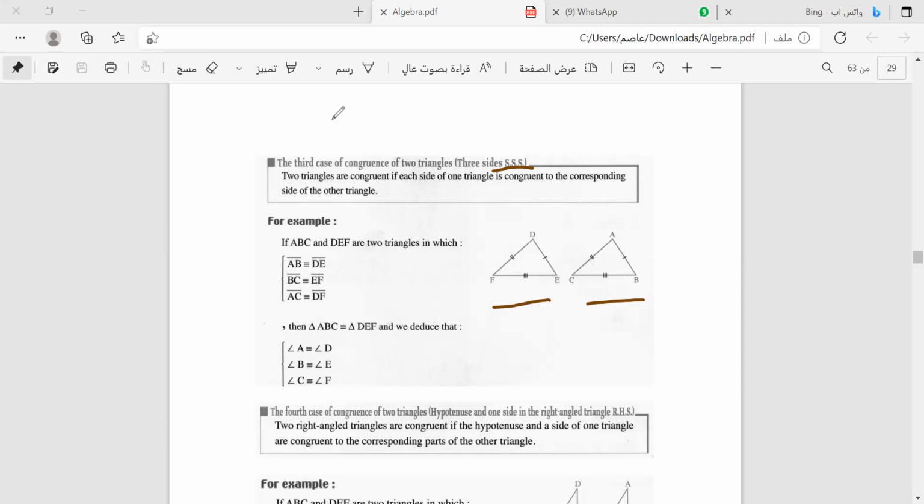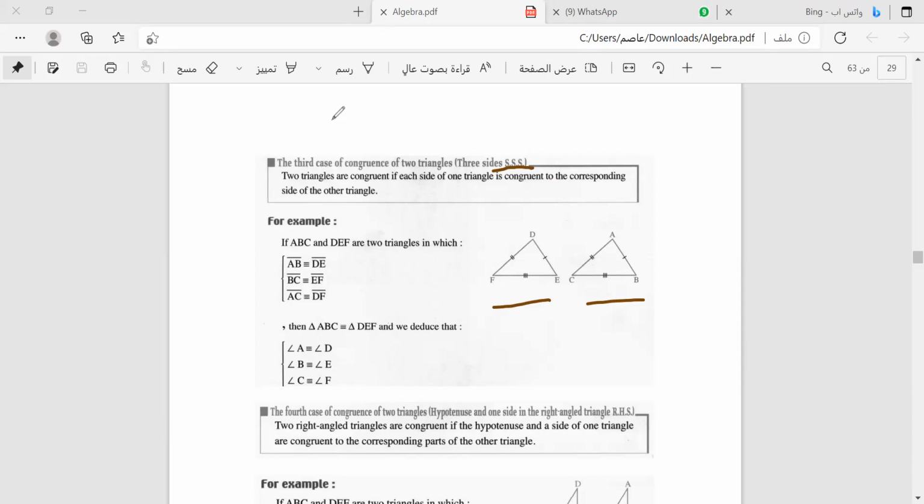BC equals EF. Now, the three sides of the first triangle are congruent to the corresponding sides of the other triangle. This is the third case, and we call it each side or the three sides. يعني كل دول اللي احنا بنقول عليهم SSS.